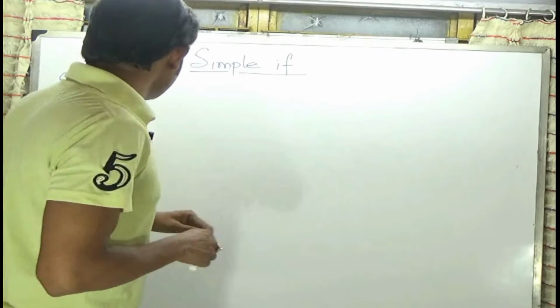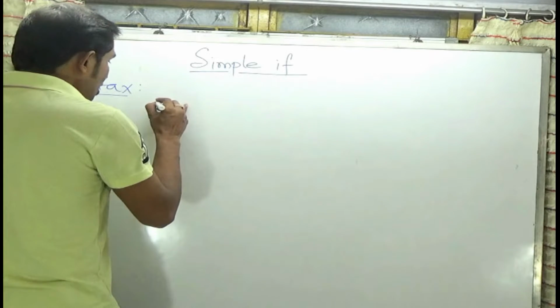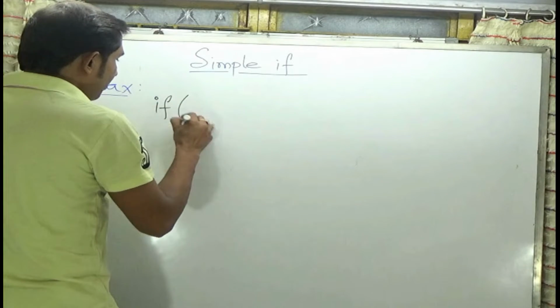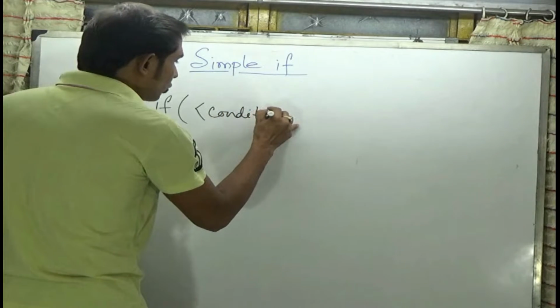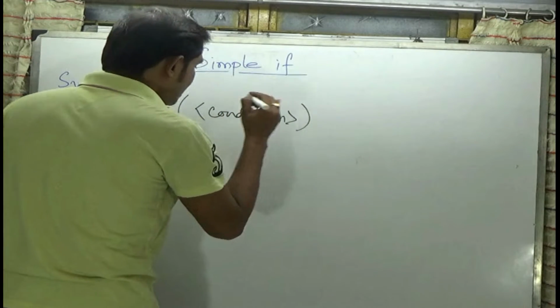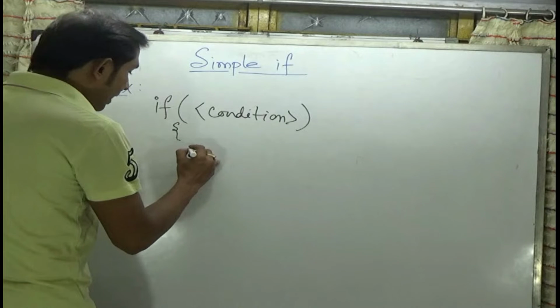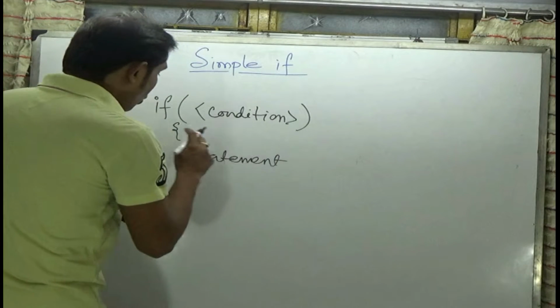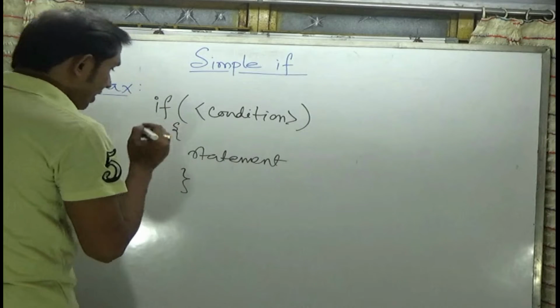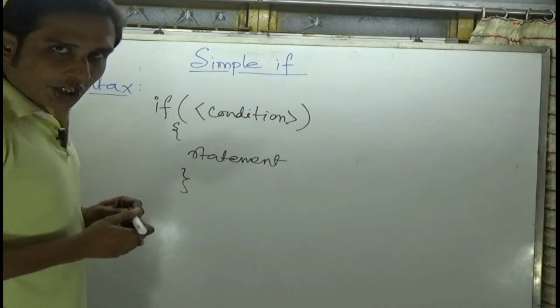Suppose for simple if, the syntax is like this: if, then within brackets we give the condition which is going to be checked, and if this condition becomes true, then the statement written within this opening and closing braces is going to execute.